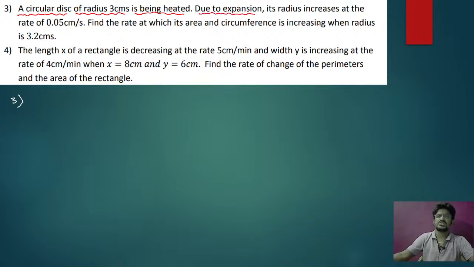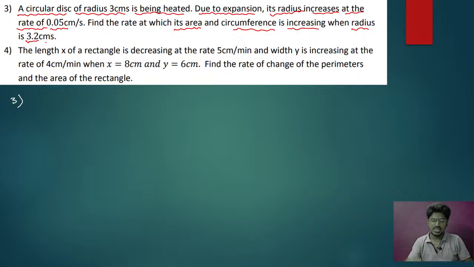Due to the expansion, its radius increases at the rate of 0.05 centimeters per second. Find the rate at which its area and circumference are increasing when the radius is 3.2 centimeters.